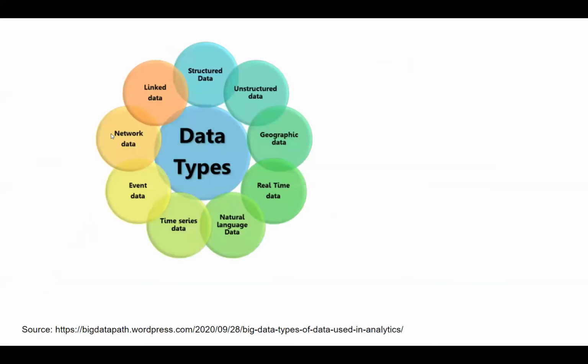These are the different data types you may encounter. For instance, it says here structured data and unstructured data, but these are a big category. You don't divide this; it's not a category but a different type.